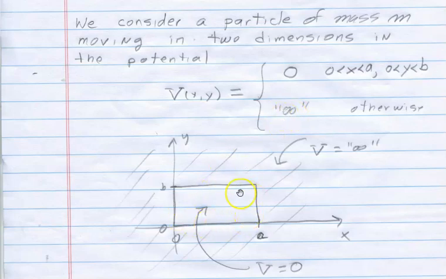If there's no potential energy inside the box, the only energy that can exist is kinetic energy. Kinetic energy is always positive, or equal to 0, I guess, in the classical case. But so long as that energy is low compared to the potential outside the box, then to a good approximation we can take the potential energy outside to be very, very high.